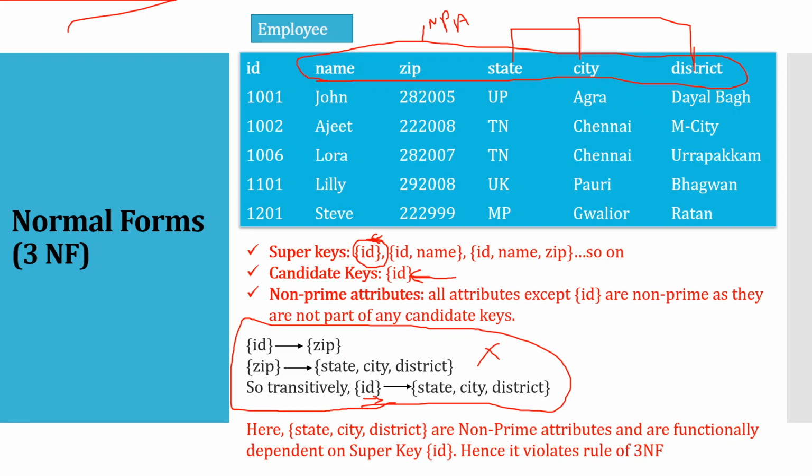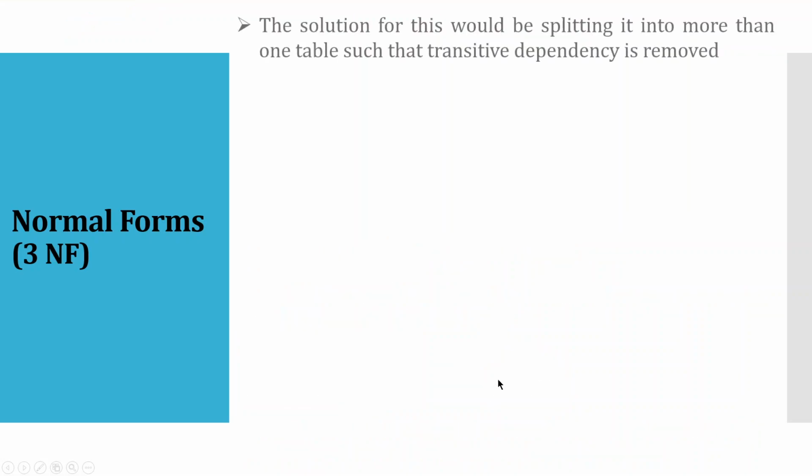Okay. Then what is the probable solution of this? We need to remove this ID to state, city, district dependency somehow. So what is the solution? The solution would be splitting the table into more than one table such that the transitive dependency is removed. So what can be the probable solution?